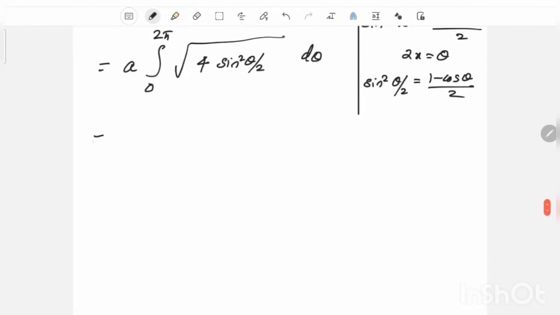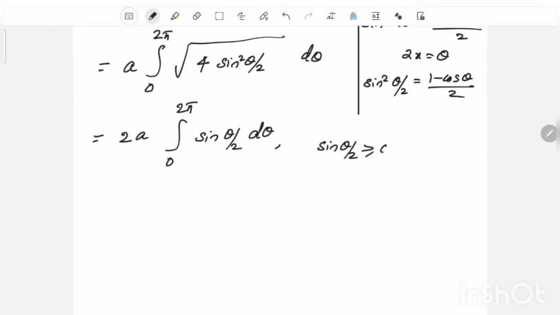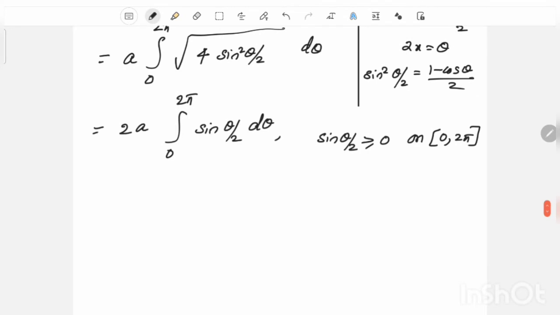That is equal to 2a times the integral from 0 to 2 pi of sin theta by 2 d theta. Since sin theta by 2 is greater than or equal to 0 on the closed interval 0 to 2 pi, we can consider the positive value. We have the integral of sin theta by 2 is minus 2 cos theta by 2.